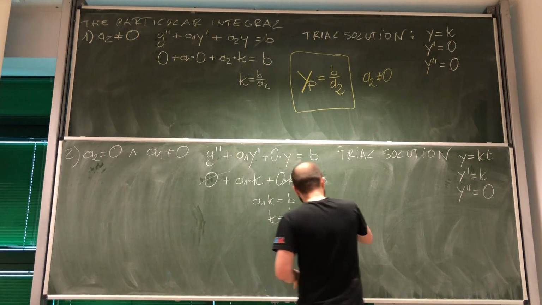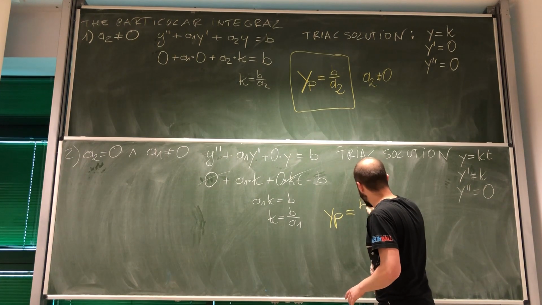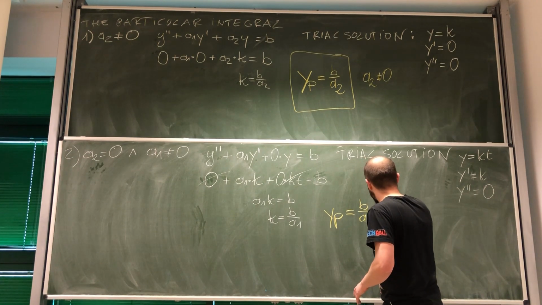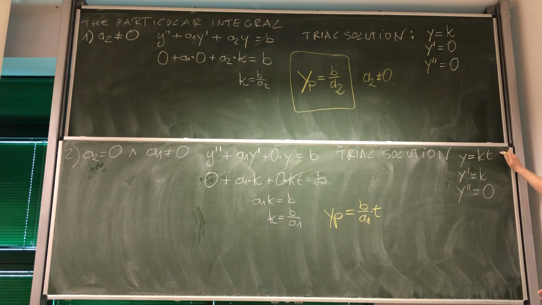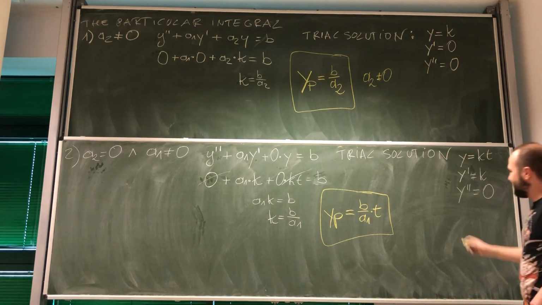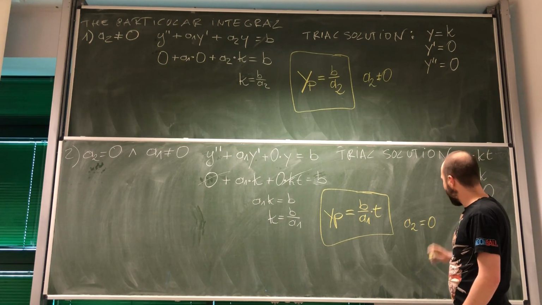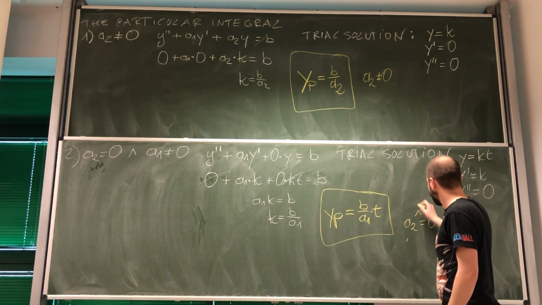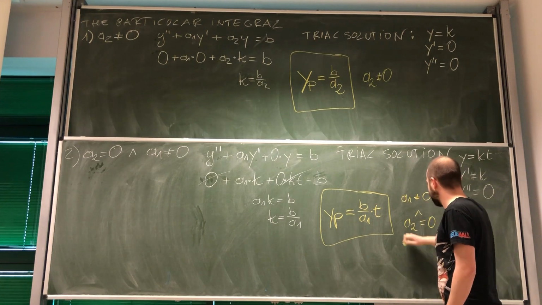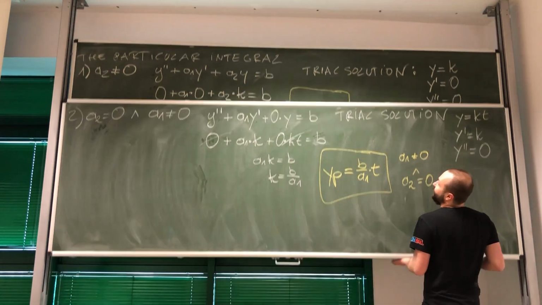So we've got that the particular integral is simply B over A1 times t, because remember, this is where we started. But in this case, again, we need to make this restriction that A2 is equal to 0. However, A1 is different than 0. Now, A1 cannot be equal to 0.